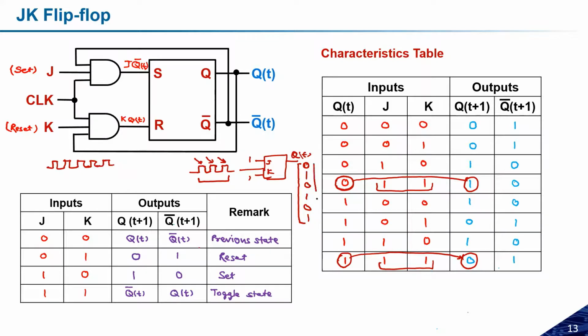So based on toggling, we can say how many clock pulses come to this flip-flop, because at each clock pulse it will change its state. If we are able to monitor how many times it toggles, we can see how many clock pulses the JK flip-flop received.